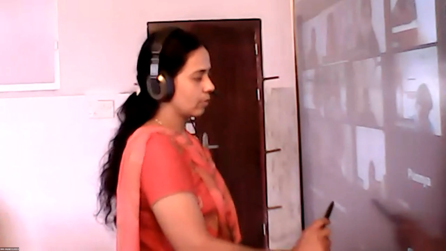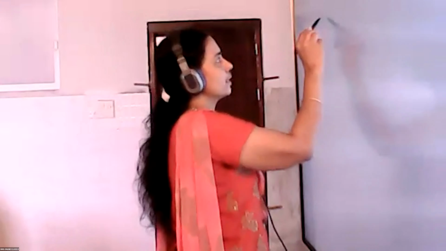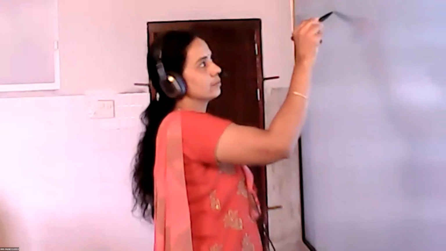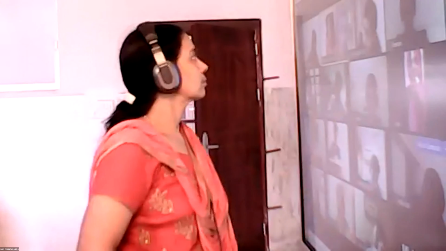Okay, now write the next question, children. Solve: 1 plus x square into dy plus 2xy dx, find the particular solution.